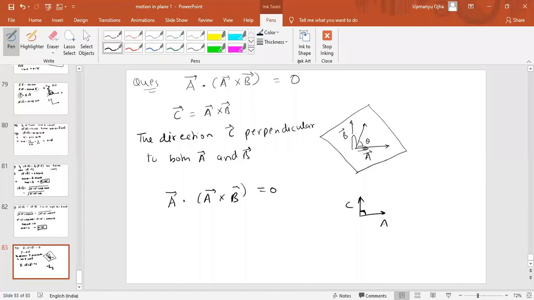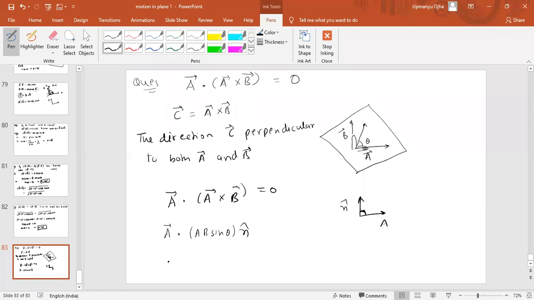Mathematically, if you can prove it logically, why go for a mathematical proof? Okay, mathematically you can say like this: A dot A cross B means A vector dot of mod A mod B sine theta n cap. N cap is perpendicular to A vector, which means the angle between n cap and A is 90 degree.